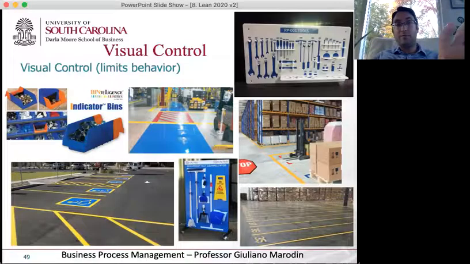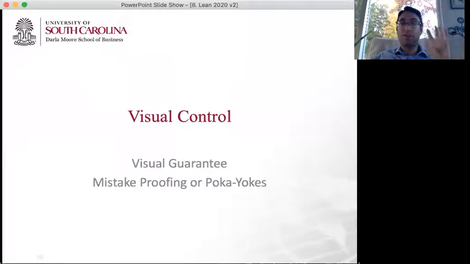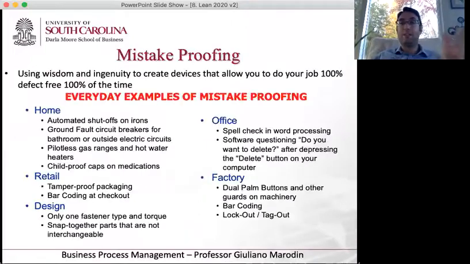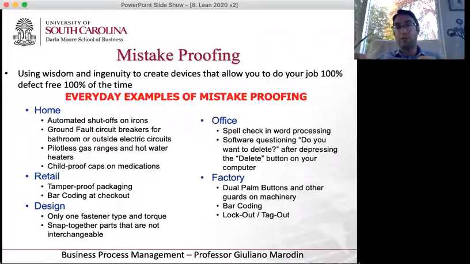Then, going one step ahead of the visual control is the visual guarantee. This is also called poka-yoke or mistake proofing. So you make the control something that people cannot do wrong, right? Think about an outlet in your home. You cannot put a USB into the outlet because it's a different size, right?